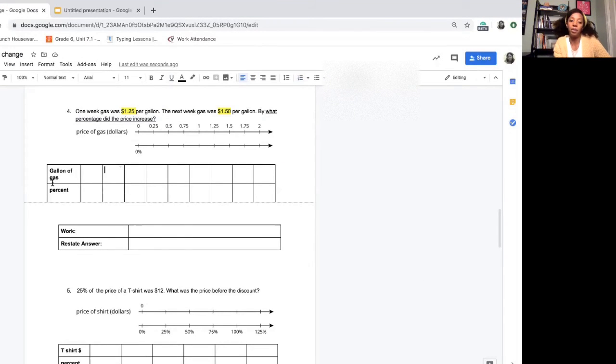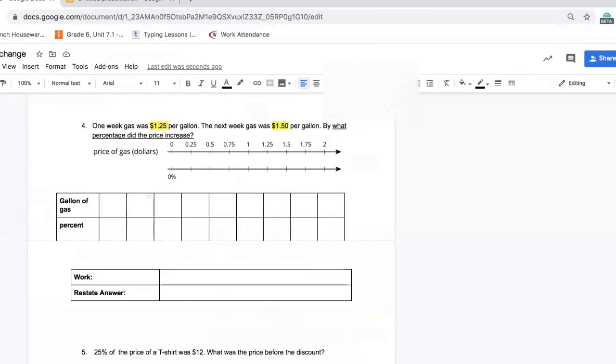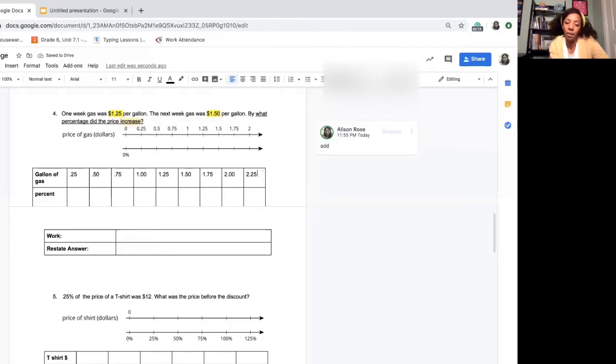Separated our table into percents and gallons of gas, our two quantities. Increase means add. So our 100%, I'm going to go with $1.25.